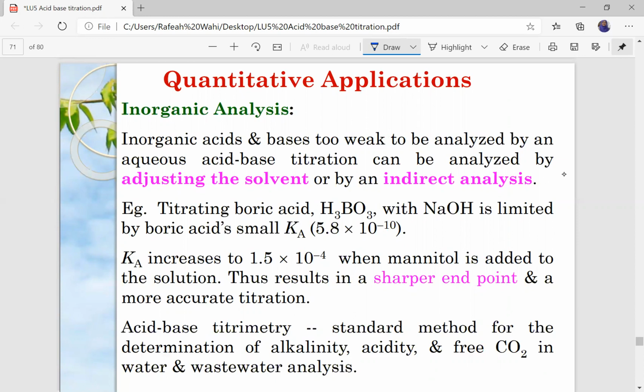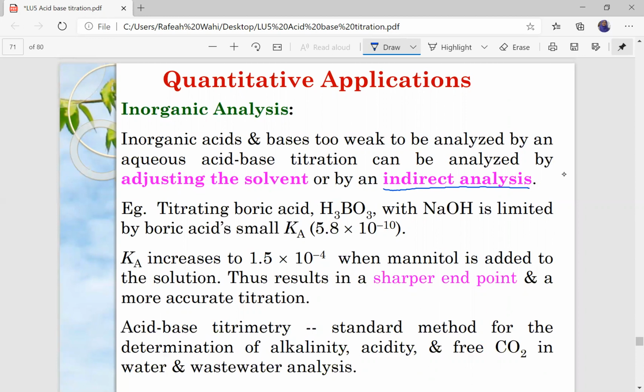Okay, indirect analysis here is what we have mentioned in the previous part of this lecture, which is the back titration. It is basically a two-step titration, whereby you have an excess of one solvent and then you recalculate the mole and you have the answer, the endpoint that you want.